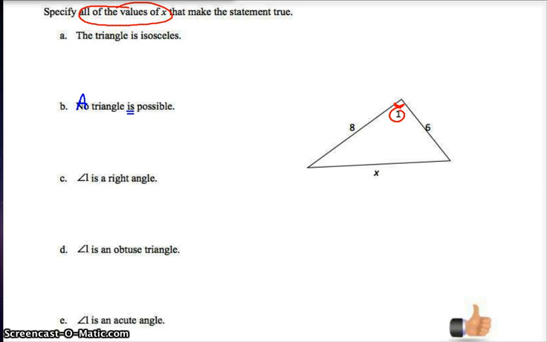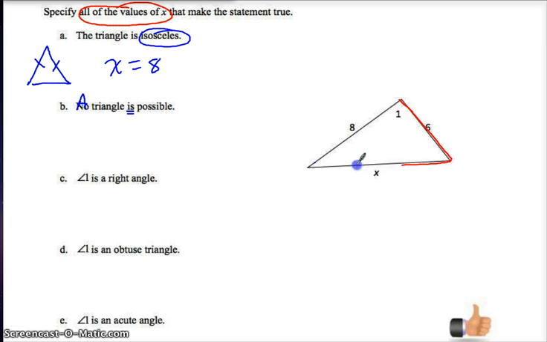So if we want to make this triangle isosceles, what do we need to do? Well, the definition of isosceles says two of those sides must be congruent to each other. So I could either do these two sides, so x could equal 8, or I could do what? And that looks better, but again, don't go by scale.